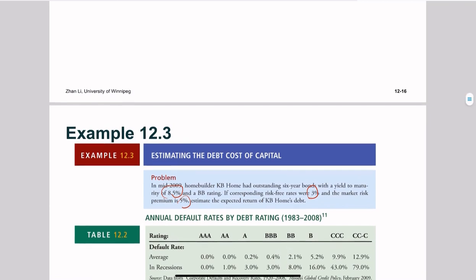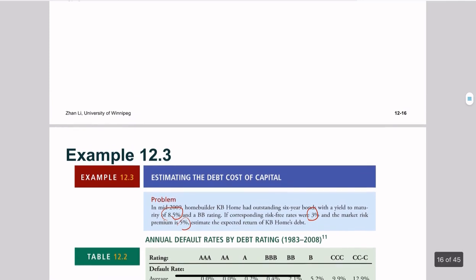So let's start with the first one, right? The first one is about how we could adjust the yield by considering the probability of default and expected loss rate, and then we could find out the expected return. So R equals Y minus P times L. What is Y here?